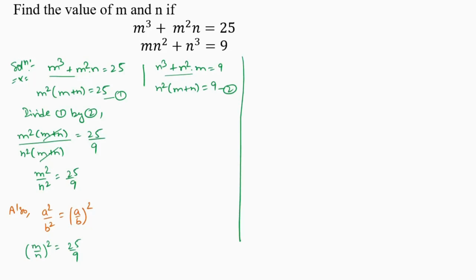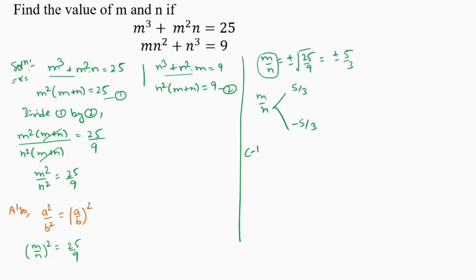So this can be written as m by n equals plus minus under root 25 by 9, which on solving we get plus minus 5 by 3. So here we have two values of m by n: 5 by 3 and minus 5 by 3.